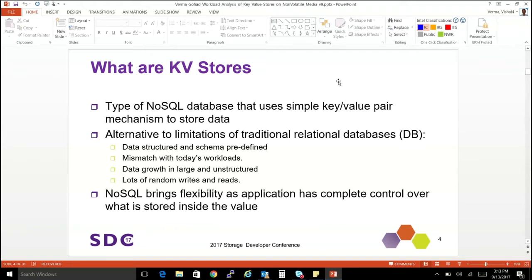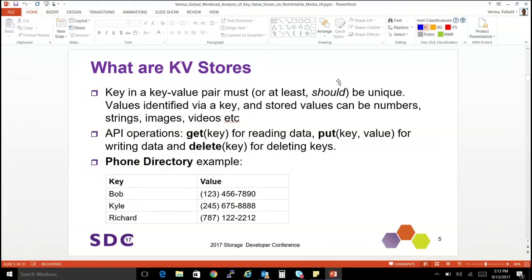But in this case, all you have are some common defined API operations like get, put, delete. Your application talks directly to the data based on key and value. Whatever value gets stored, there is a key associated with it, which is a unique identifier for how you access your value. It's based on your key, which is unique.